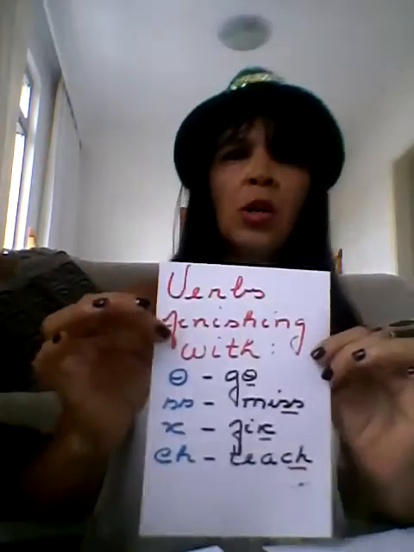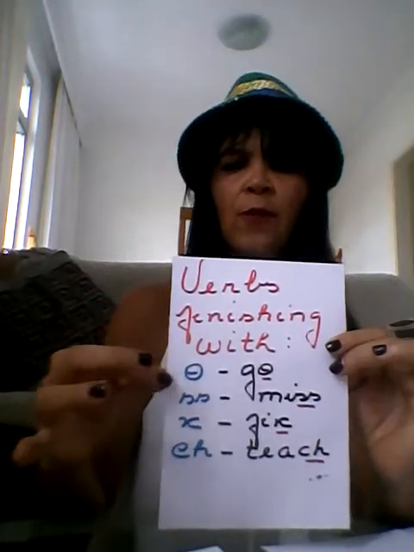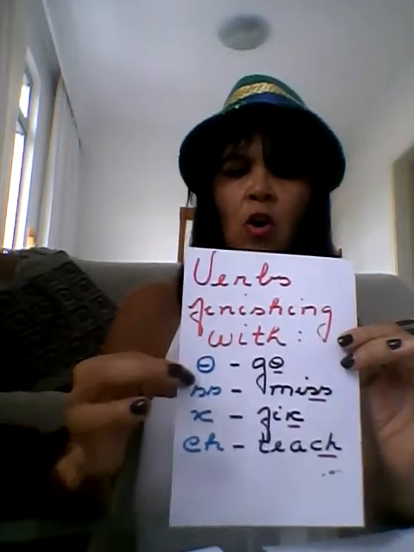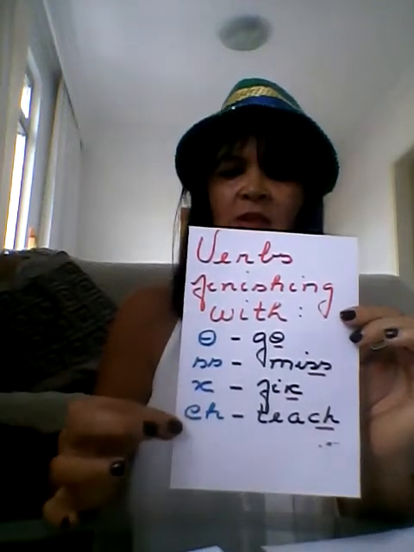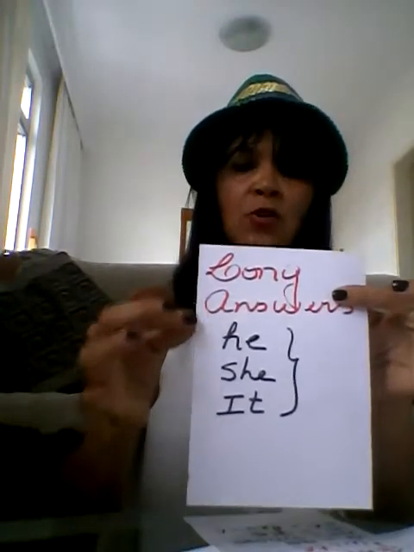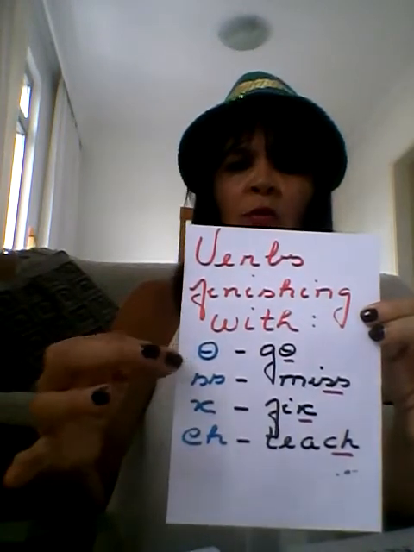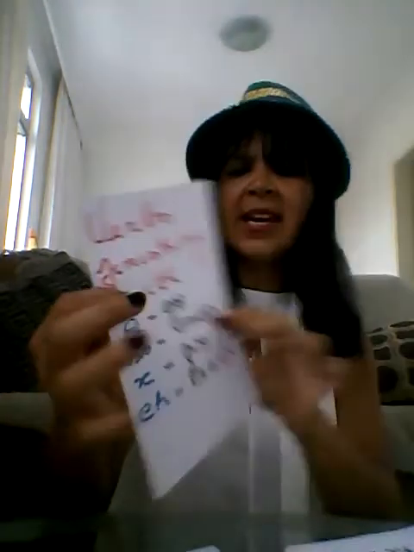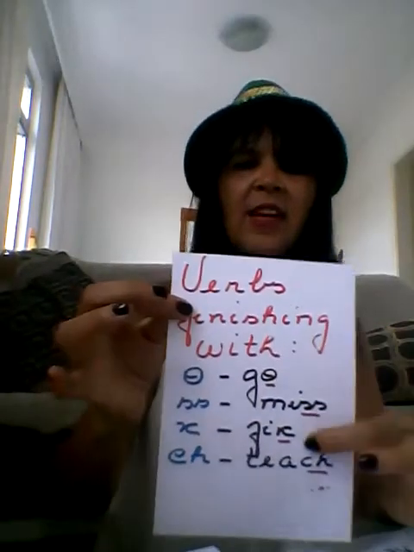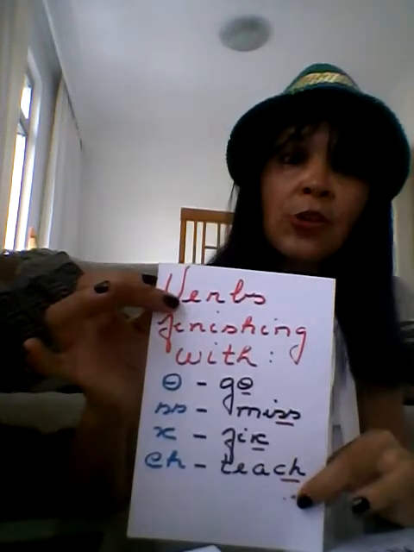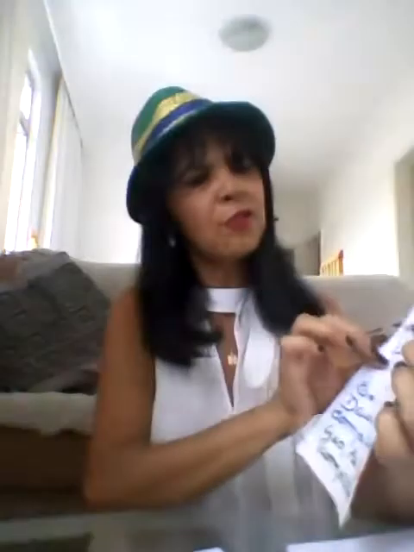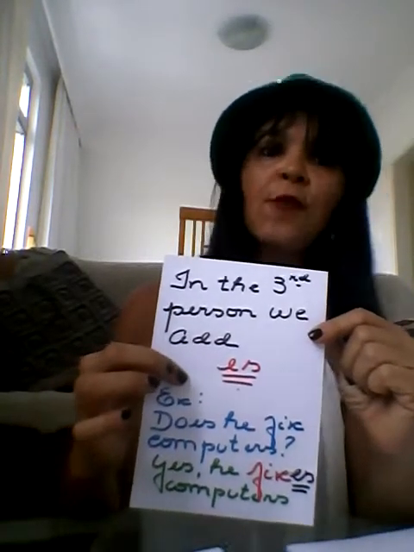Here in English, when we have verbs finishing with O, SS, X, or CH, when we have long answers with he, she, and it, verbs finishing with O, for example go, SS, like miss, X, like fix, and CH, like teach, in the third person, we add ES for these verbs.